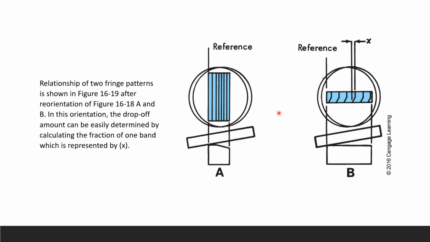So you don't really have to go into details here. All you have to understand is we can reorient the surface. And if you do reorientation, you can use the length of the band to calculate the drop-off amount, because the length of the band of your fringe totally corresponds to the surface configuration.